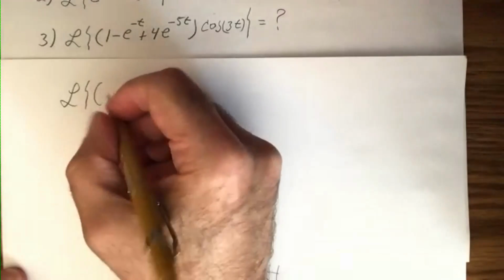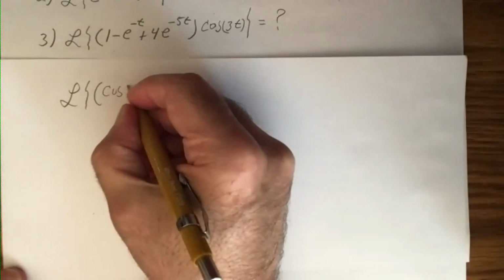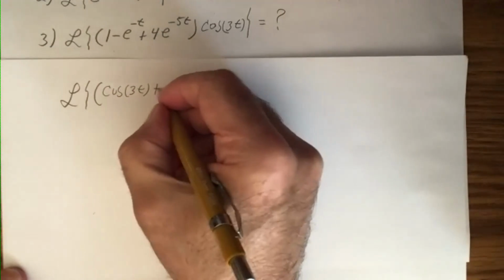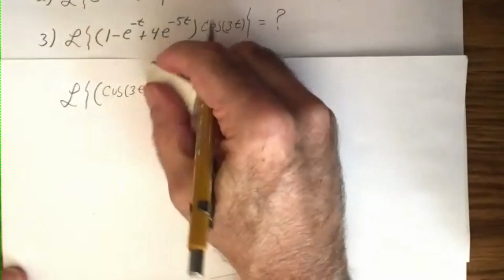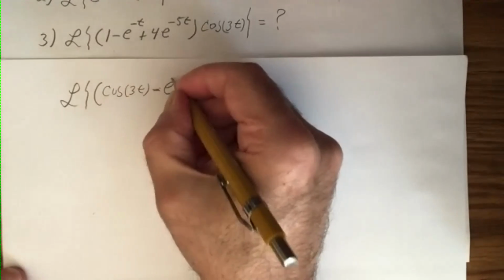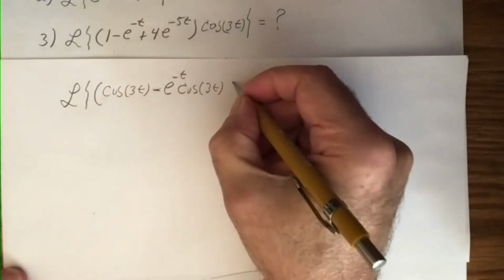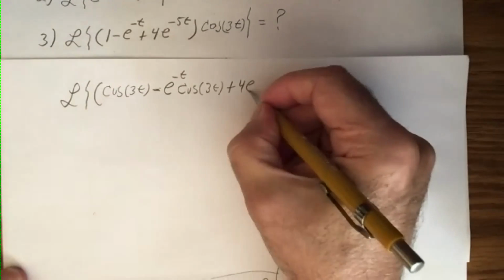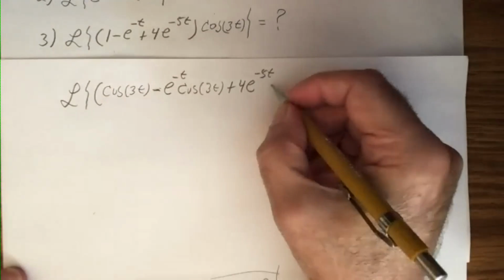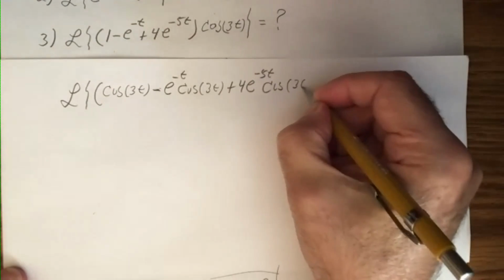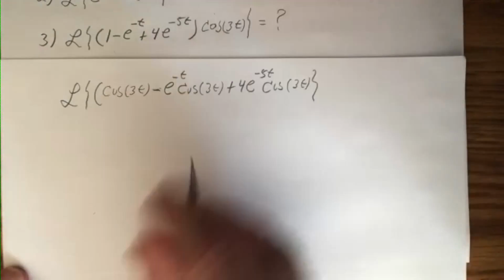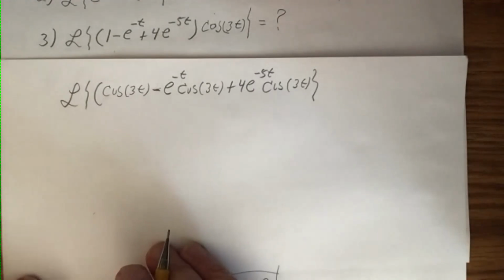This will be cosine of, and then minus e to the minus t cosine of 3t plus 4 e to the minus 5t cosine of 3t. Okay. So what is this going to become?